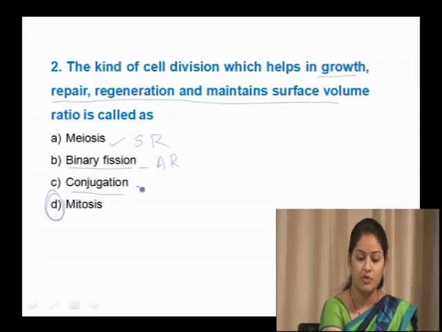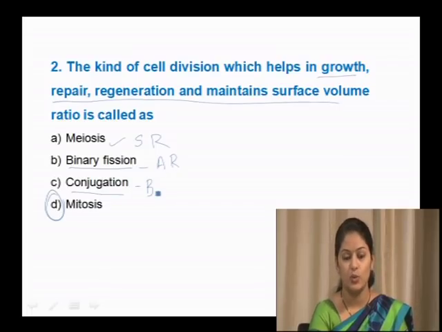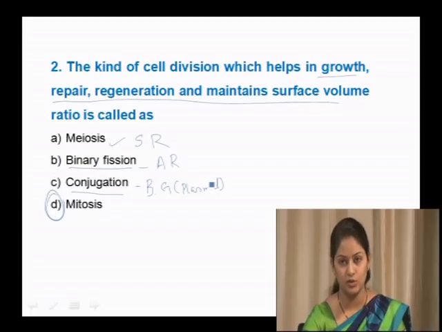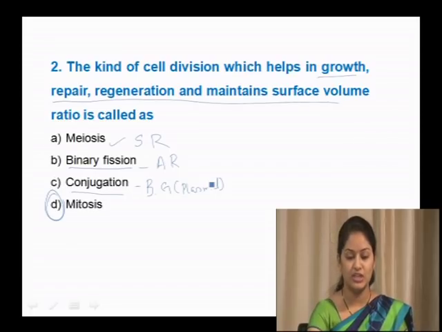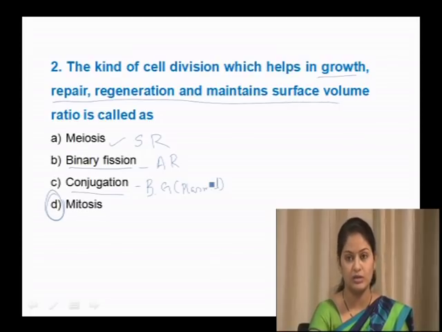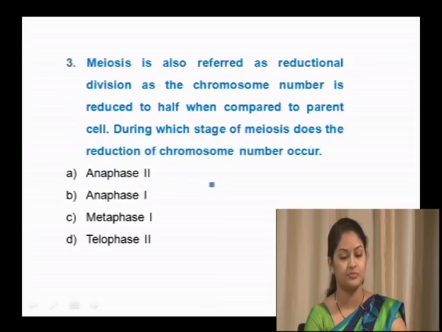Conjugation is a process observed only in bacterial cells, where the genetic material in the form of plasmids is shifted from one cell to another. So, conjugation is a method of genetic material shifting found in bacteria. Binary fission is a kind of asexual reproduction. Meiosis is associated with sexual reproduction. Therefore, the answer for this question is D.